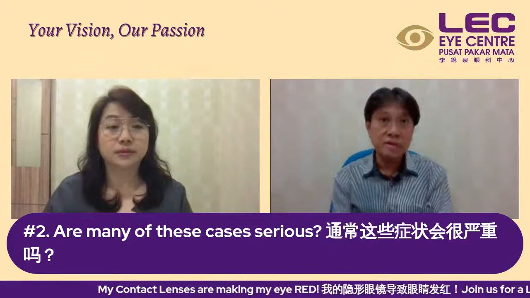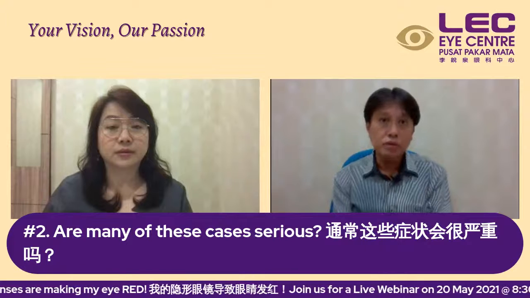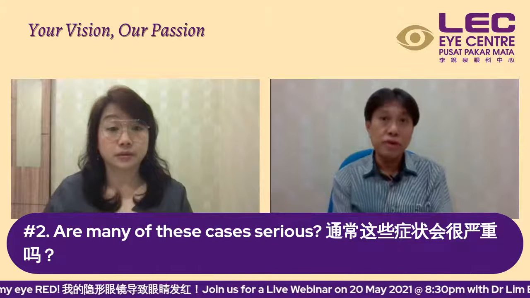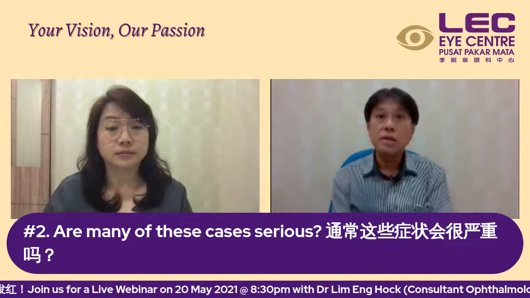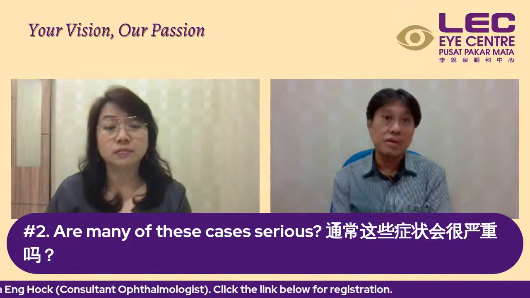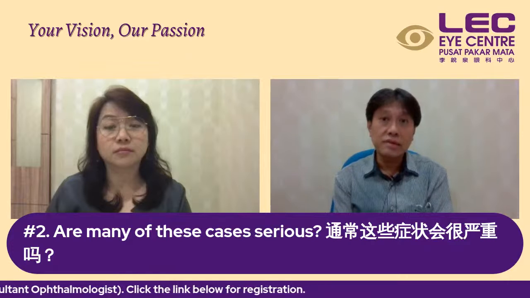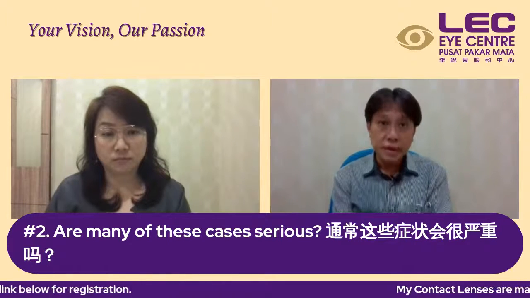And these erosions are raw areas which will allow bacteria to invade or infect your cornea. So once this happens, you'll get something called a corneal ulcer, which will result in some permanent damage to the cornea. So even after the infection has healed, you can expect a scar to be left behind. And if the scar is big or central in location, then you can expect some amount of permanent blurring of vision.